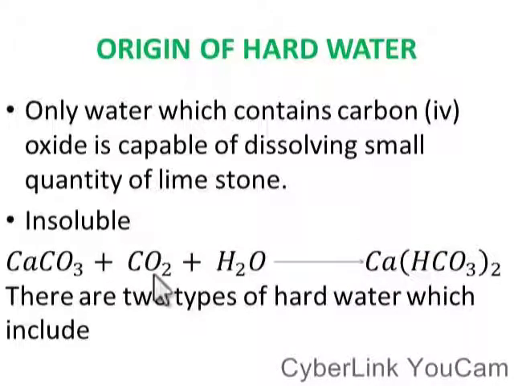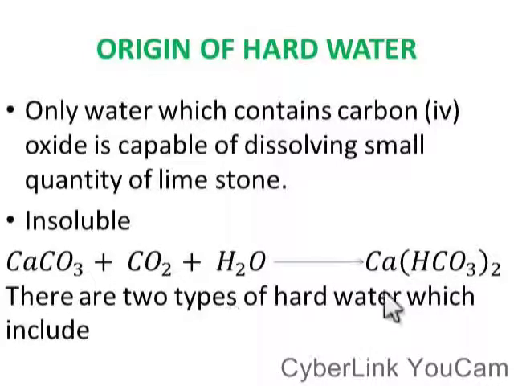Only water that contains some quantity of carbon(IV) oxide, CO2, is capable of dissolving calcium trioxocarbonate(IV) to an extent. Look at it, this is calcium trioxocarbonate(IV), CaCO3 plus CO2 plus H2O goes to Ca(HCO3)2. This is calcium hydrogen trioxocarbonate(IV).